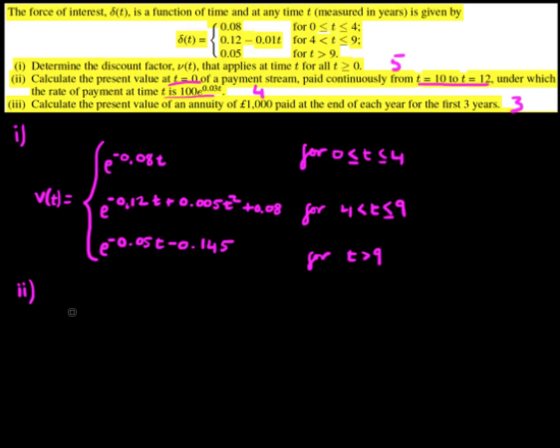Well, we know the present value, we can use that formula, is between whatever times we need, let's say time 10 and time 12, and we have some payment amount, rho of t, and our discount factor there. So that's what we're trying to solve over here.